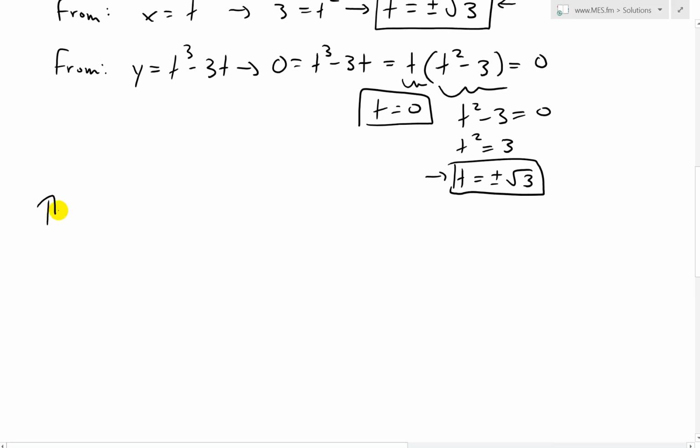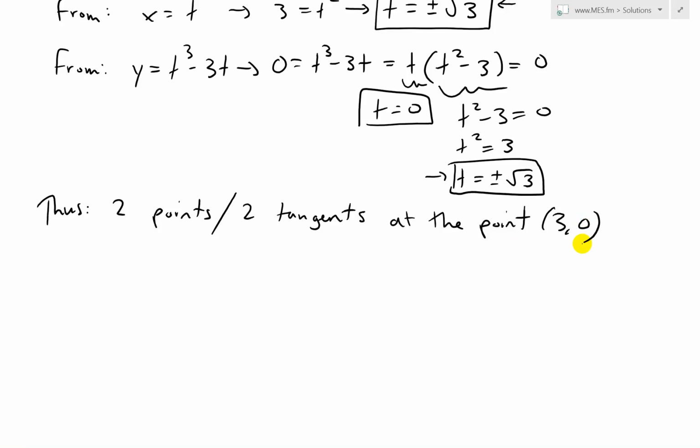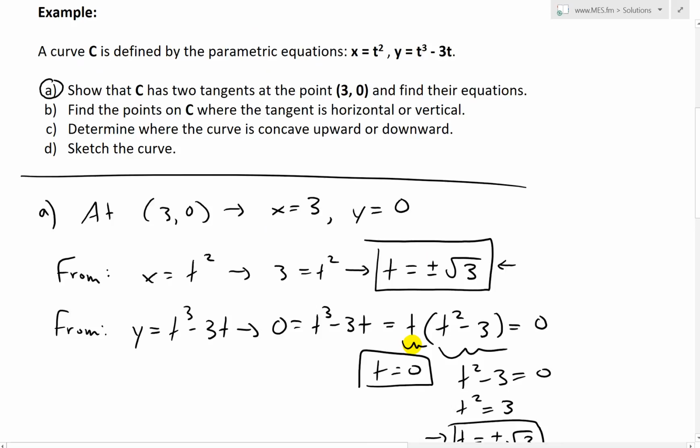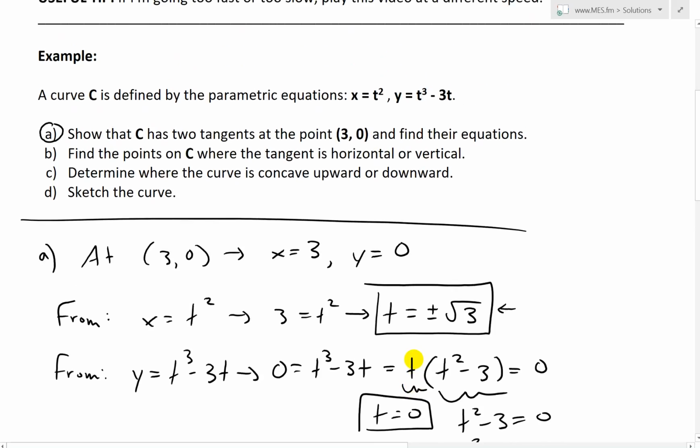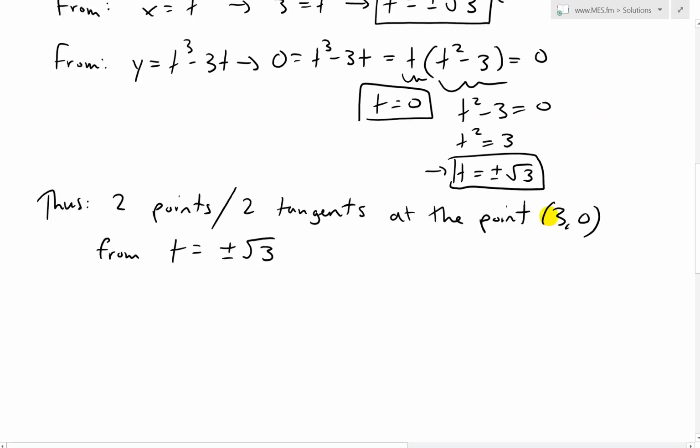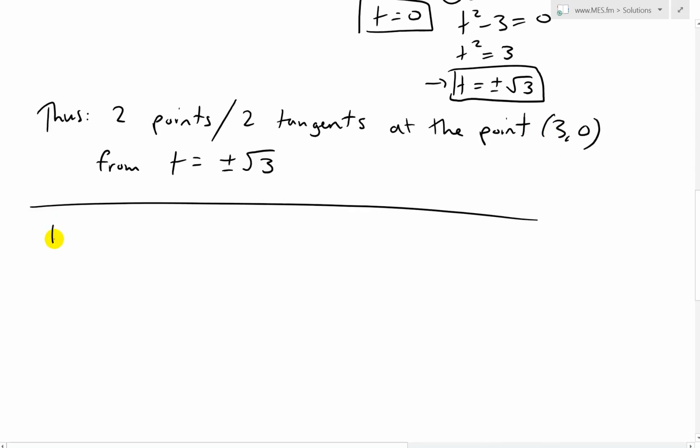Thus we have two tangent lines at the point (3, 0), from the parameters t equals plus or minus square root 3. Now what we have to do is find their equations. Recall that these are just lines.